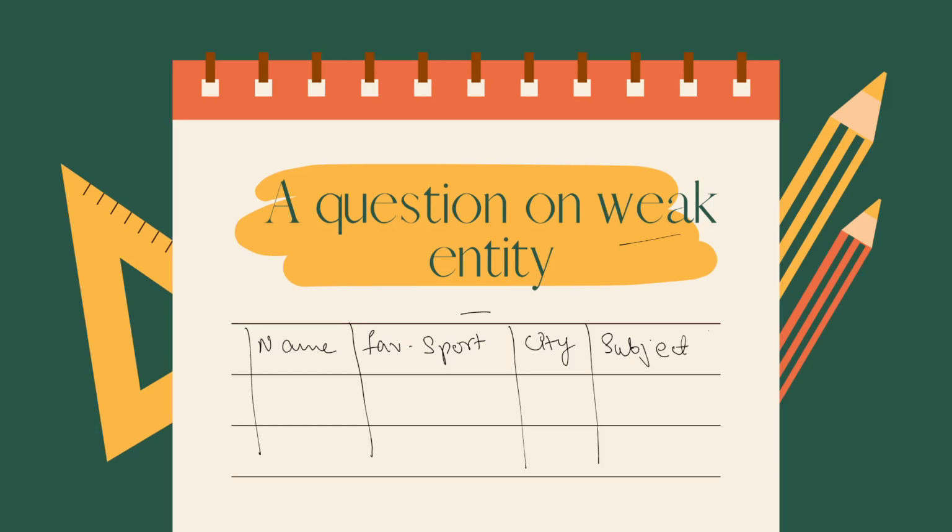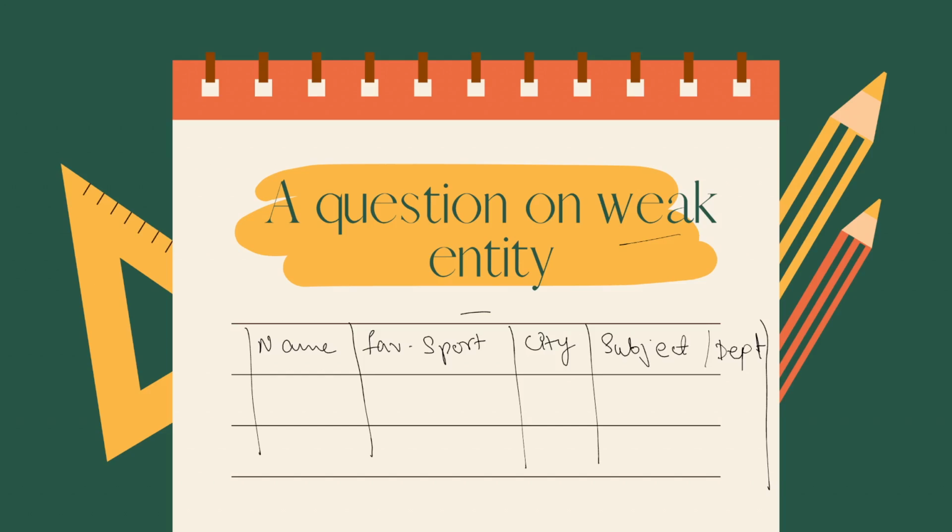So subject or department. Now you can see that none of these things can uniquely identify this table. So this is one such thing which we can call the weak entity.